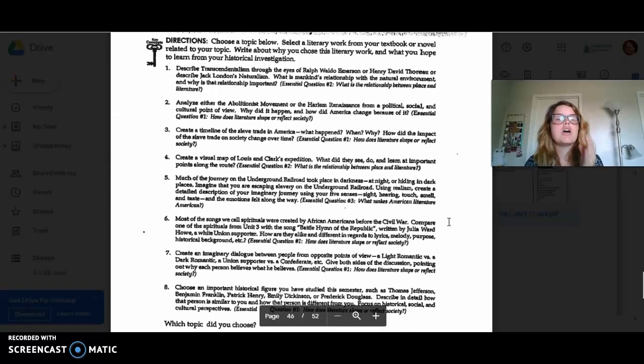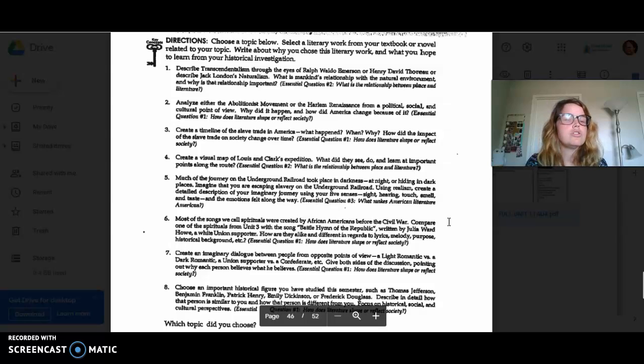So you want to choose a topic below and then select a literary work from your textbook or a novel related to your topic. Write about why you chose this literary work and what you hope to learn from this historical investigation. So first thing, describe transcendentalism, so that whole period of literature, right? Describe it through the eyes of Ralph Waldo Emerson or Henry David Thoreau, or describe Jack London's naturalism.